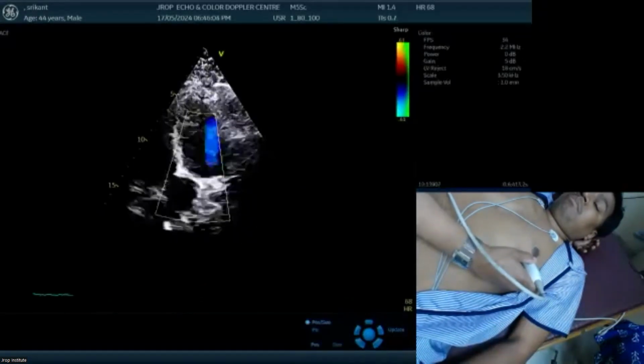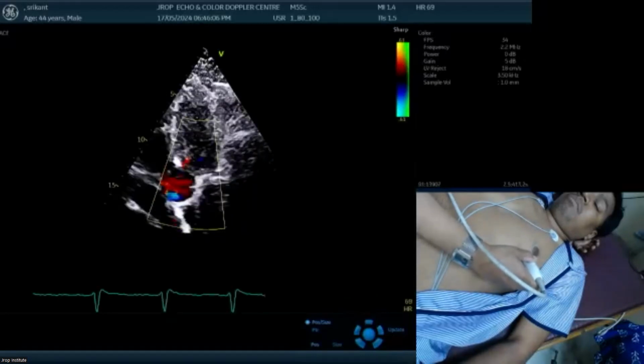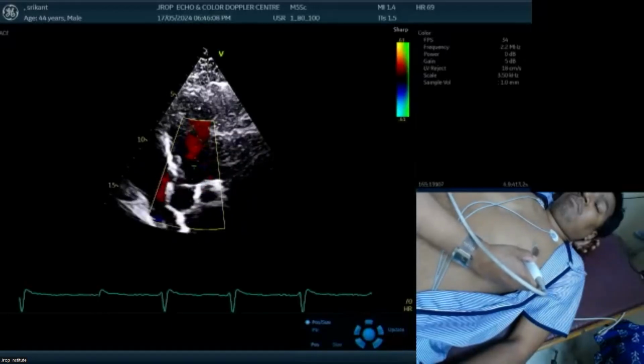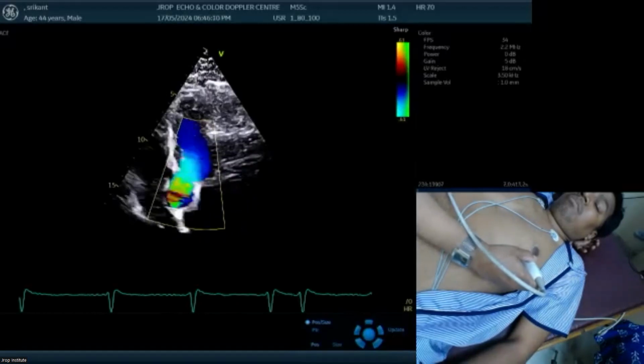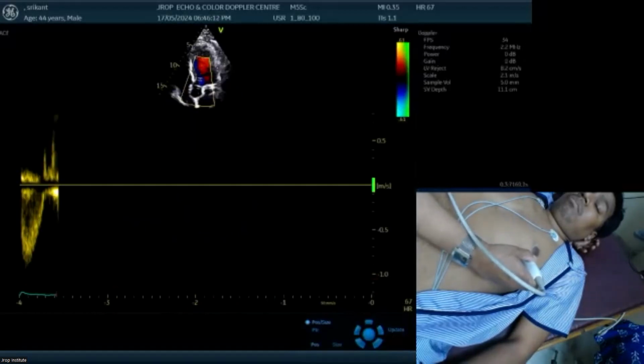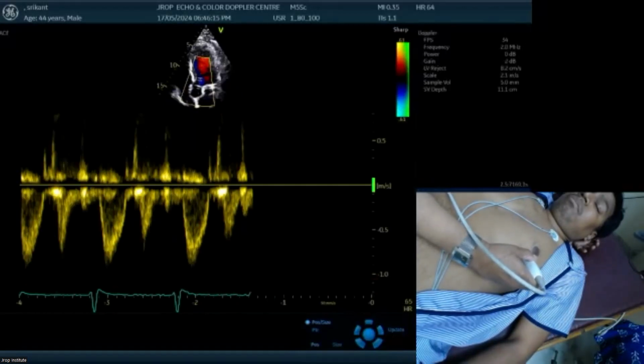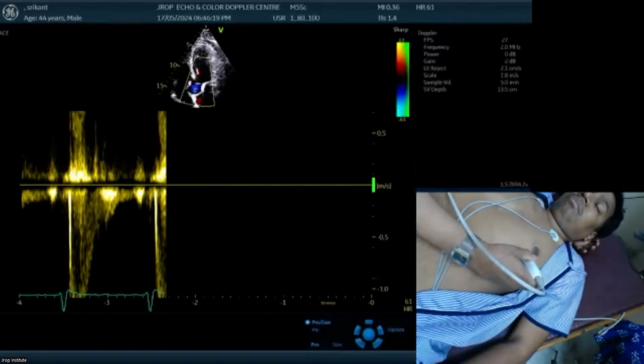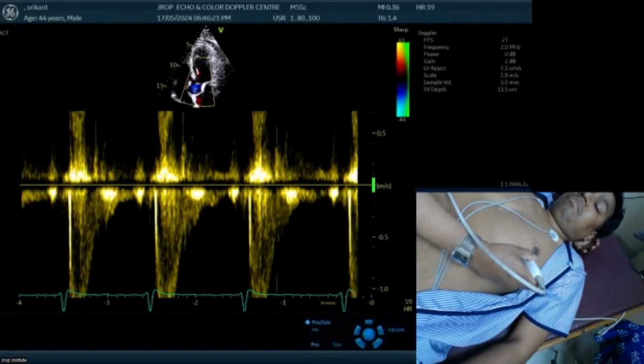So this is the third window where you can see the aortic flow velocity. If I want the LVOT, I have to be before the aortic valve. So here is the LVOT by pulse. If I move it distal to the aortic valve, this is known as aortic flow velocity. Can you see the difference now?